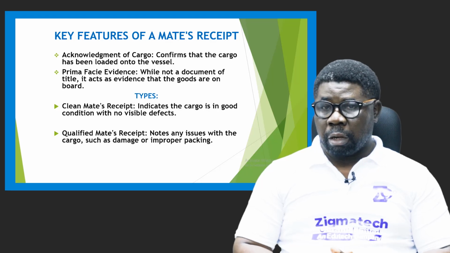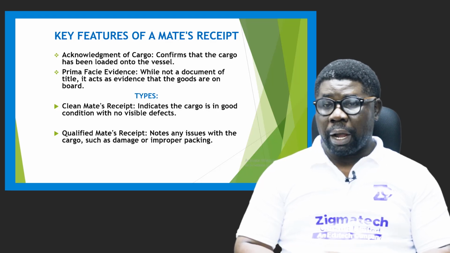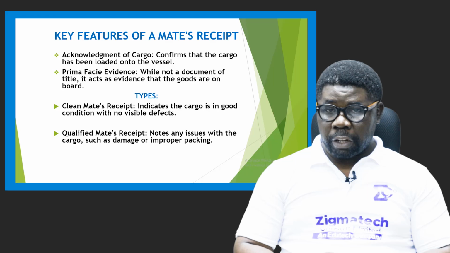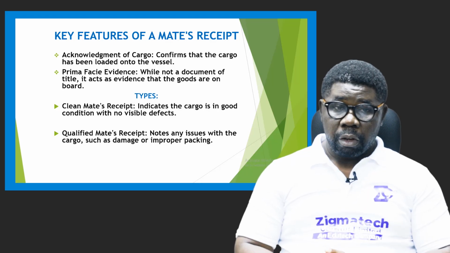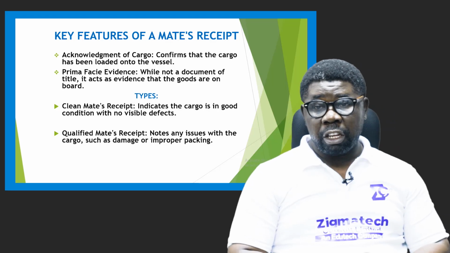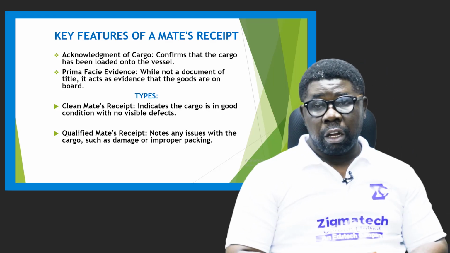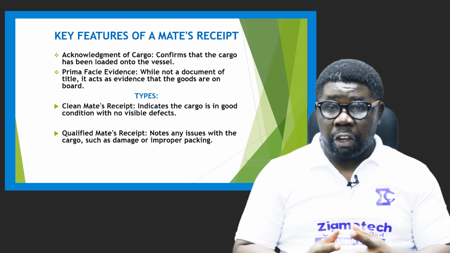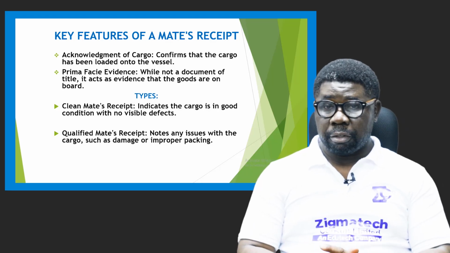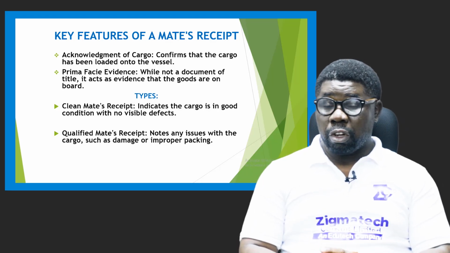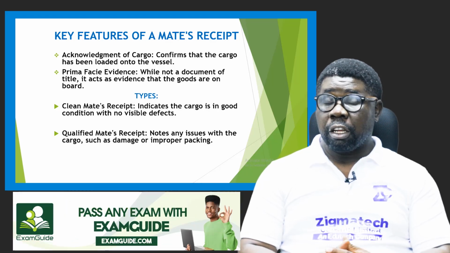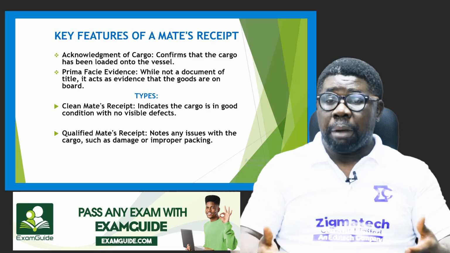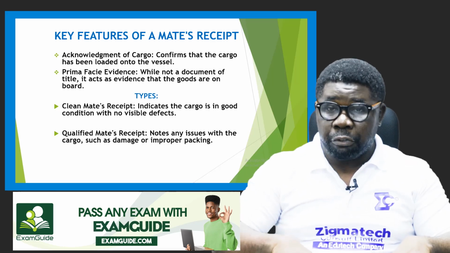Number 2 is prima facie evidence. While not a document of title, it acts as evidence that the goods are on board. That is a representative evidence of what you have. So it's not representing the title or ownership of goods, but it shows that I have these things in my possession, in my vessel, before it can go.